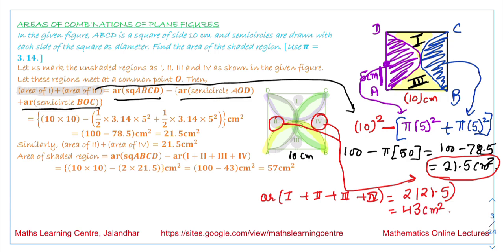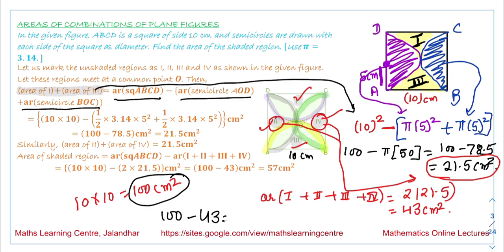So we have calculated the area of the unshaded portion. The area of the square is 10 into 10, that is equal to 100 centimeter square. So the area of the shaded portion will be 100 minus 43, that is equal to 57 centimeter square.